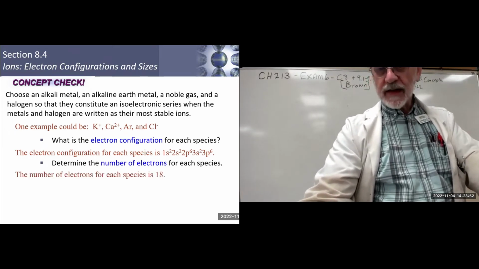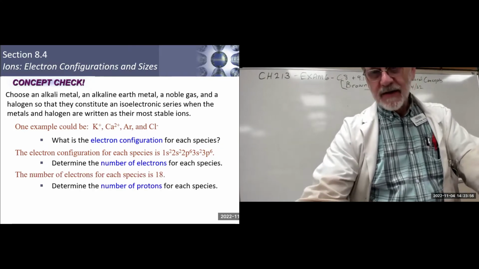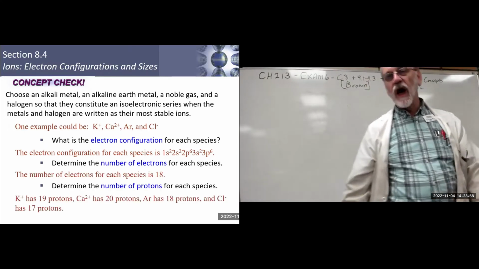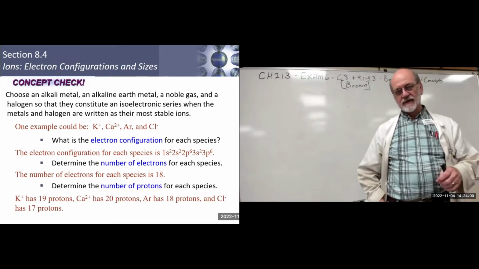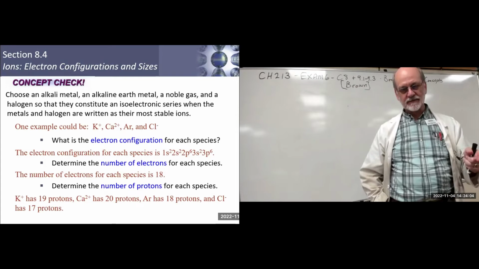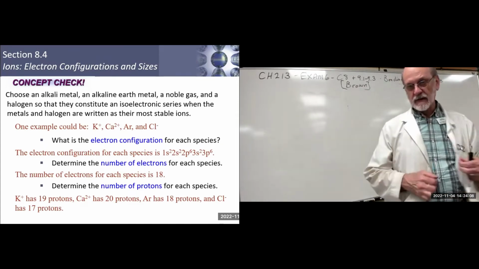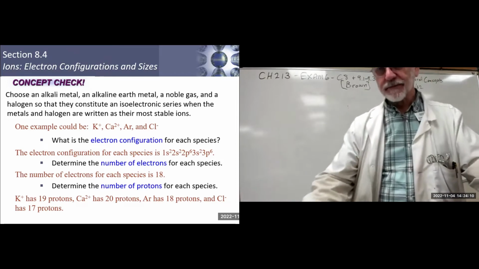The number of electrons is going to be the same, but the number of protons will always be different. Remember, when you change the number of protons, you change the element. But you can change the number of electrons within reason.